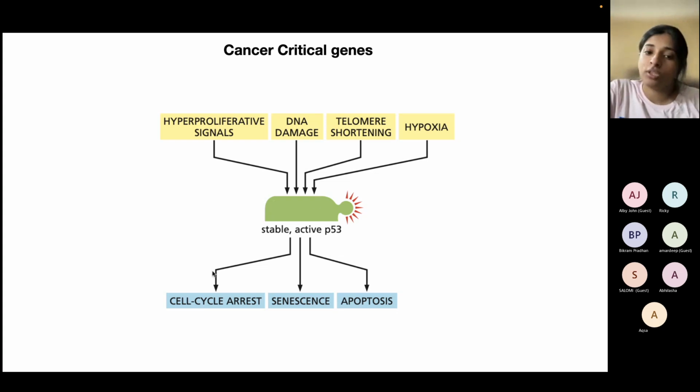P53 plays a role in cell cycle arrest, senescence, and apoptosis, which means that it stops the cell from being cancerous. However, there might be certain DNA damage or telomere shortening or other carcinogenic conditions, because of which this active P53 is lost. Now it is not able to normally perform its function. It's not able to cause cell cycle arrest, it's not able to cause cell senescence, and not able to initiate apoptosis, because of which the cell becomes cancerous.